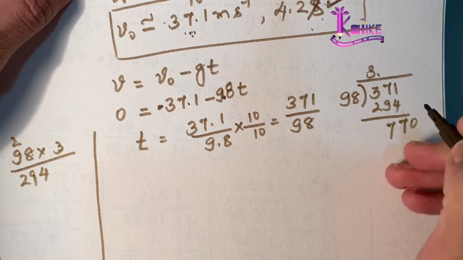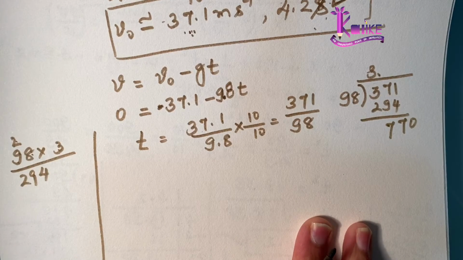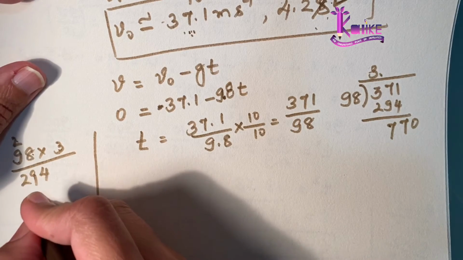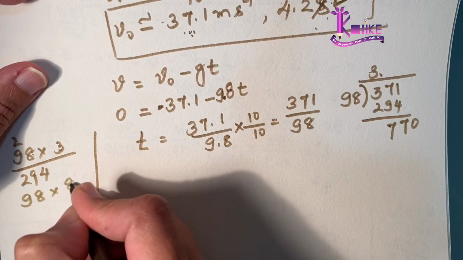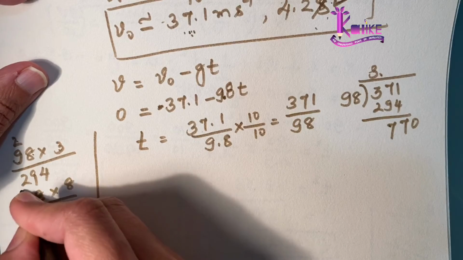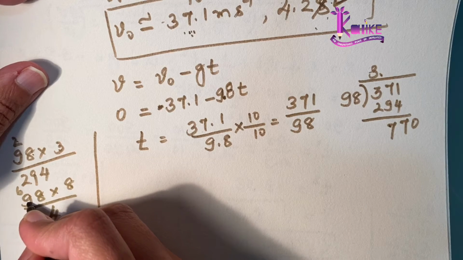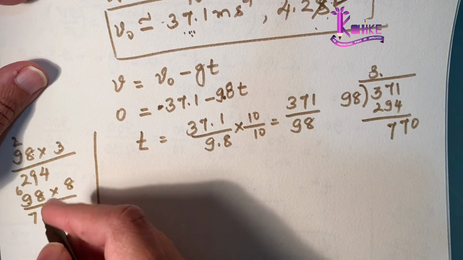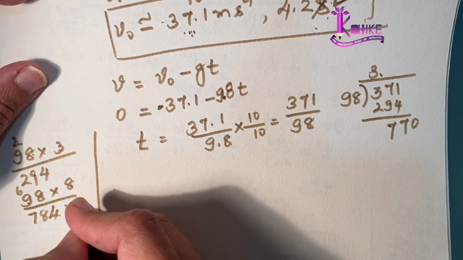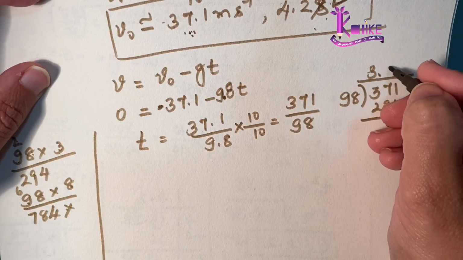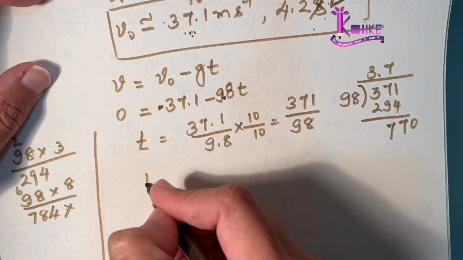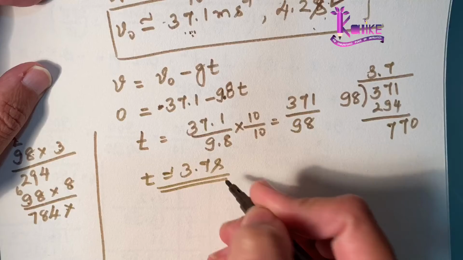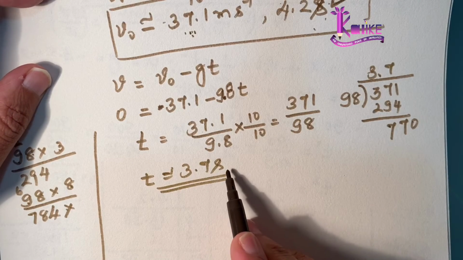I keep a point, I borrow 0, and then I try to multiply it with 8. I think 8 would be appropriate. Let's check. 8 8s are 64. You have 6 carry over. 9 8s are 72 plus 6 is 78. This is a larger number, so I get 3.7. I'll just keep it as 3.7. So t is approximately 3.7. You can do it to 2 decimal places, but I'm just retaining a single decimal place, right?